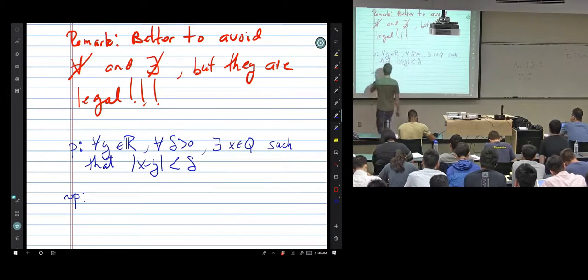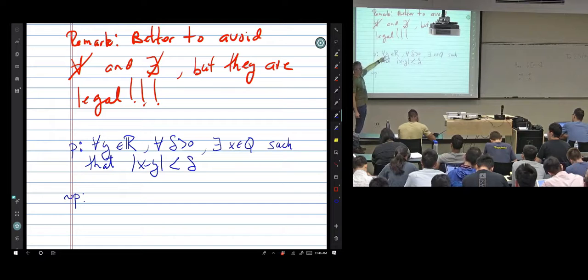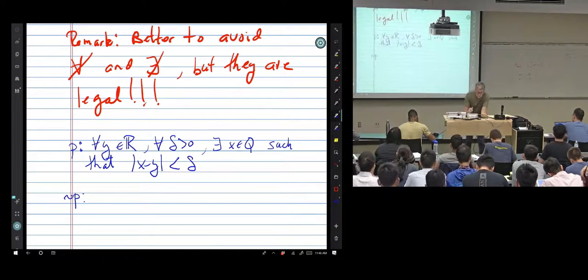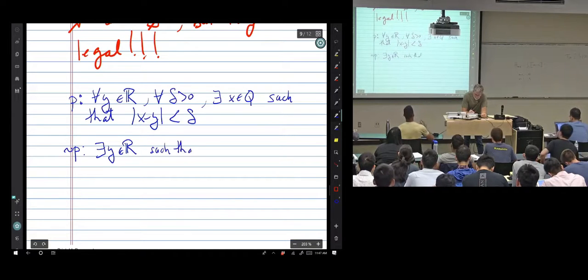Okay, solution. You can do these recursively. The not of for every is there exists. Okay? So, not. There exists y in R such that not, okay?